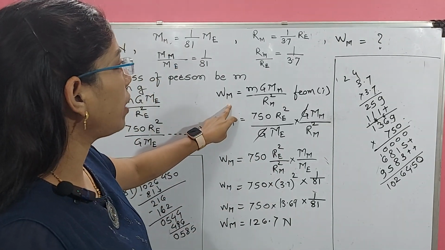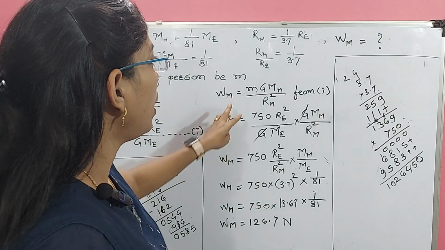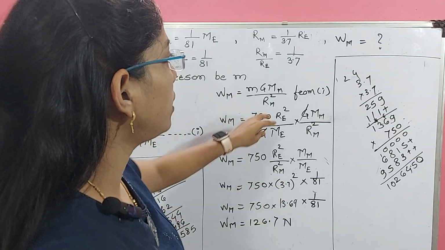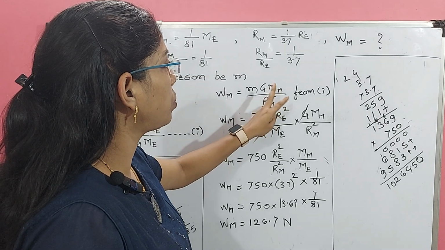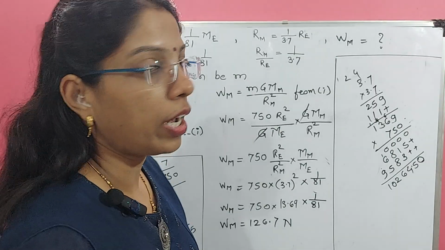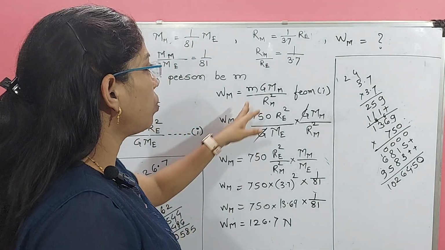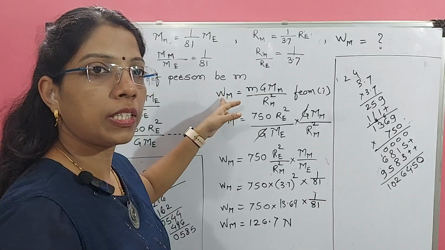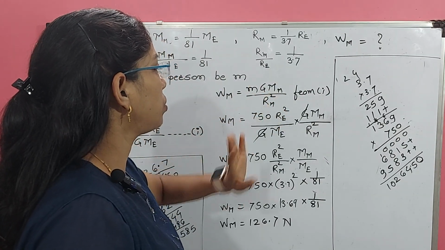So we have to calculate the weight of the person on moon, with the same formula mg. Instead of g, we write G Mm upon Rm square, mass of moon and radius of moon, for the value of g on moon. So weight of the person on moon is equal to m G Mm upon Rm square.